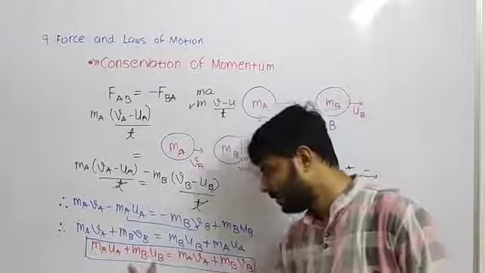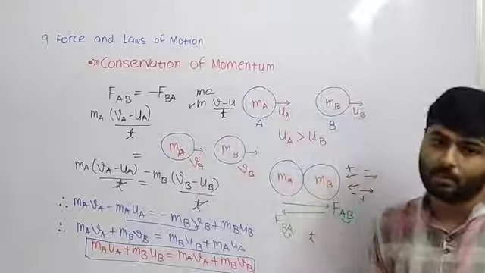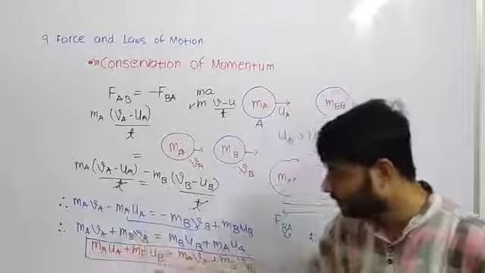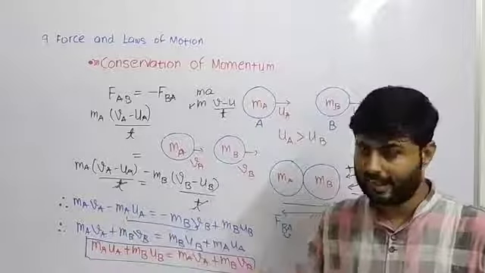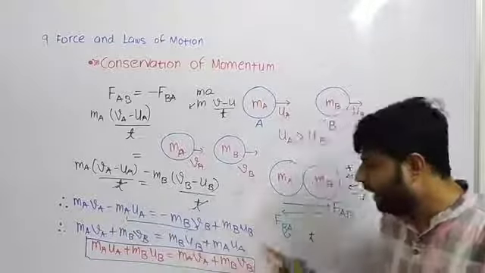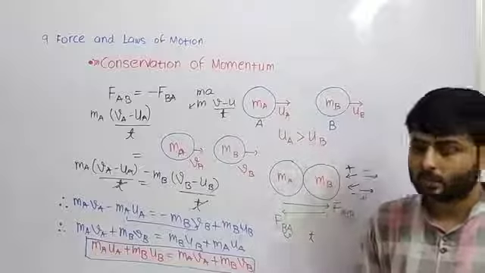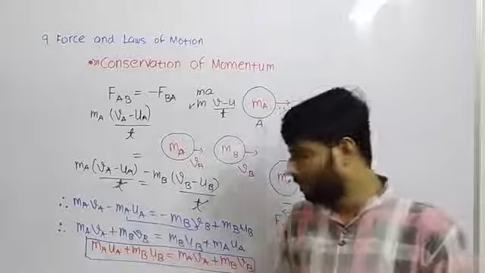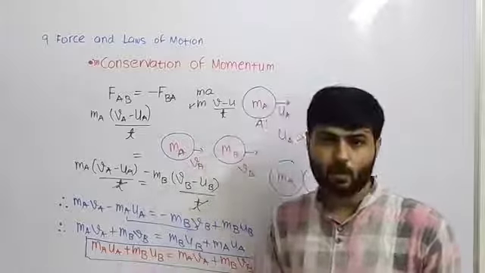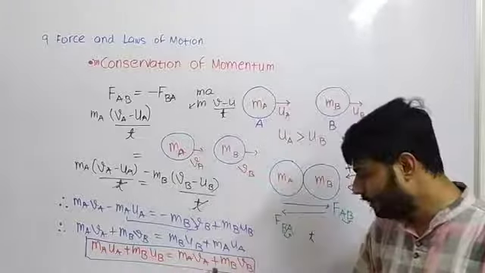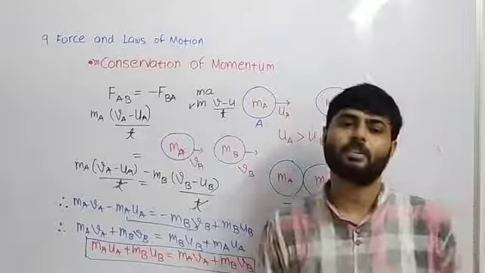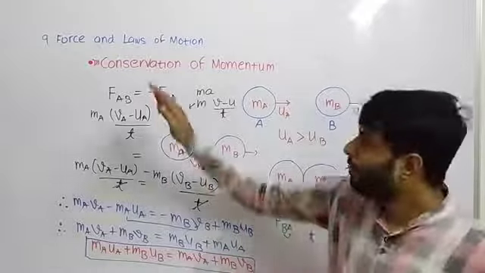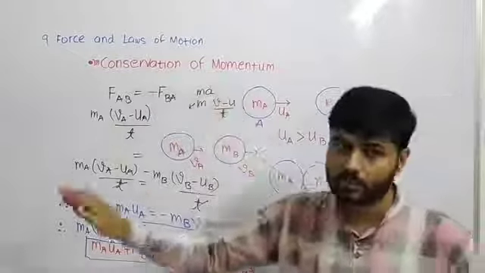These are the momenta before collision, and these are the momenta after collision. So for balls A and B, momenta before collision will be equal to momenta after collision. So we can say that momentum is conserved.